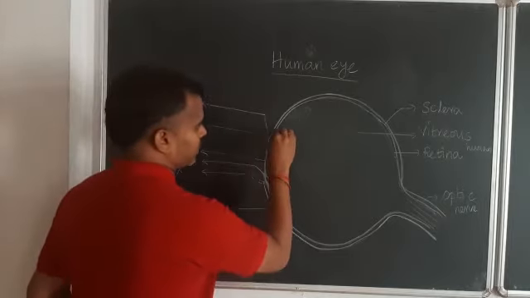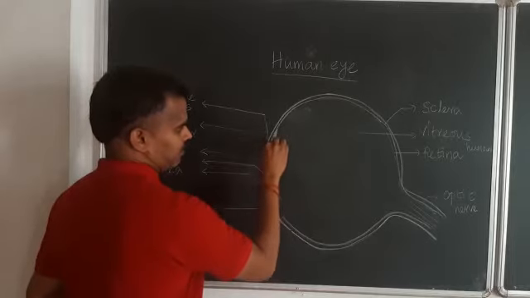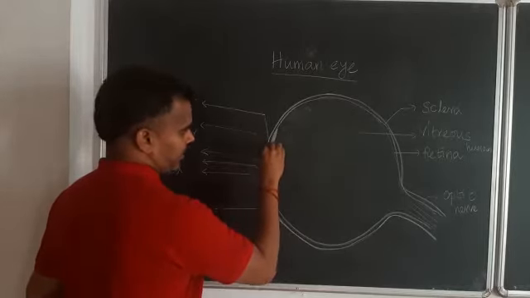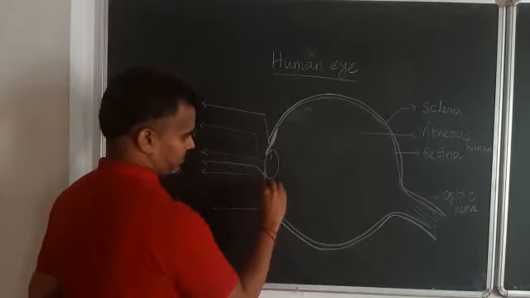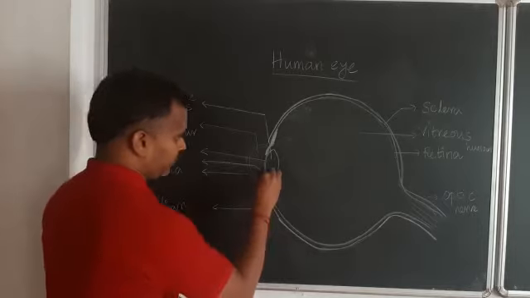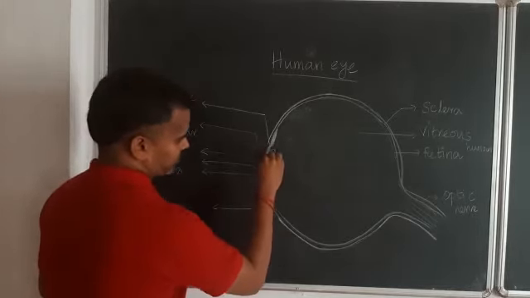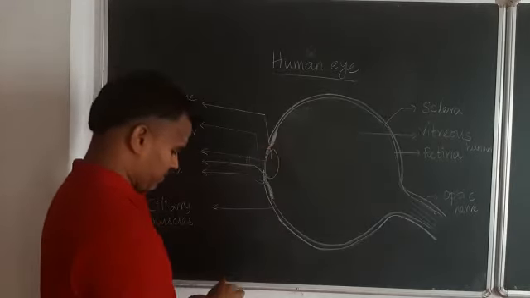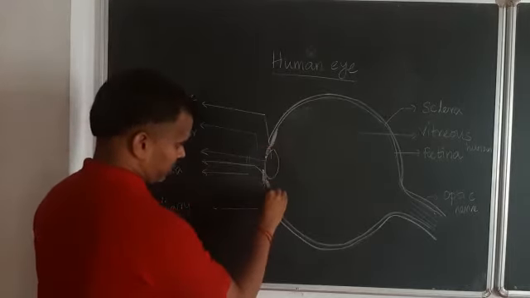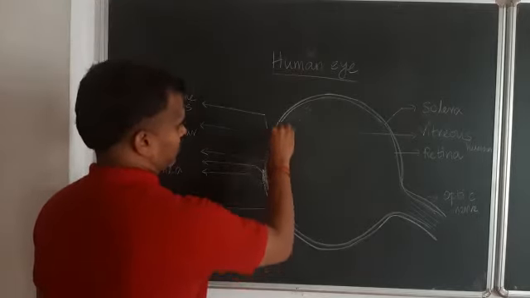Now here I have some parts, this one is one part and this is another part. For differentiation I can use different colors, and for this part I can use some other colors.